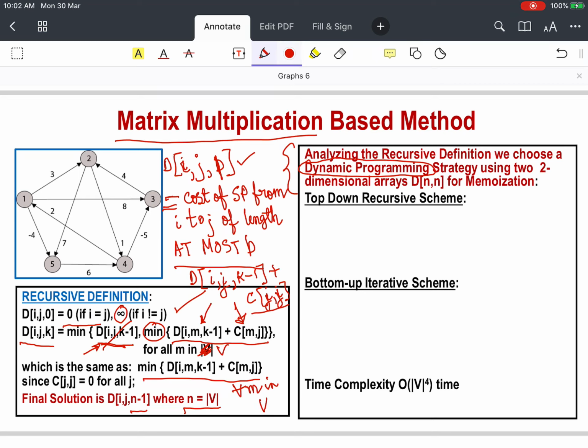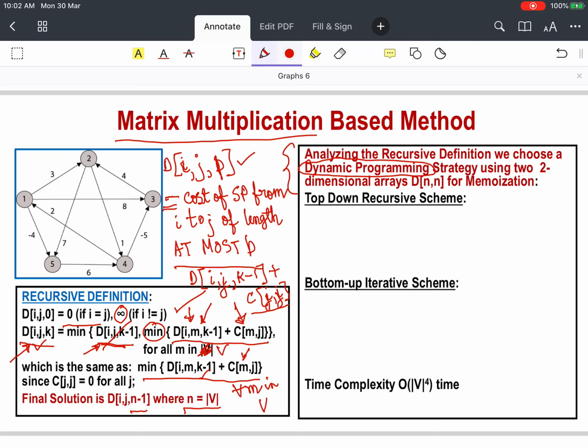All we need to do is declare two arrays, one a two-dimension array for Dijk and another two-dimension array for Dijk minus 1, because it is from k minus 1 we will be able to get k, and already we have the Cij array available to us globally.